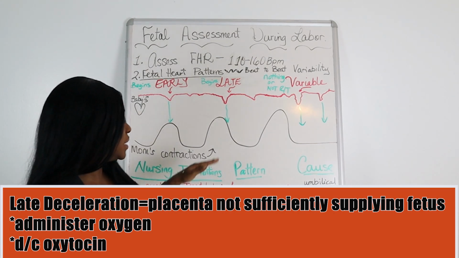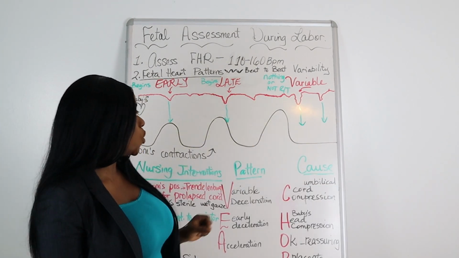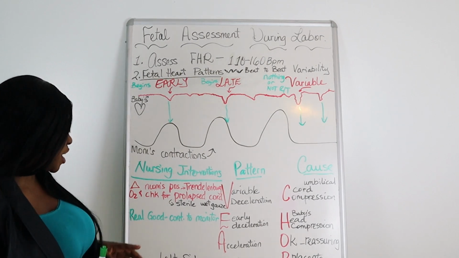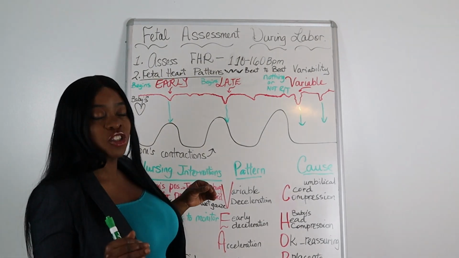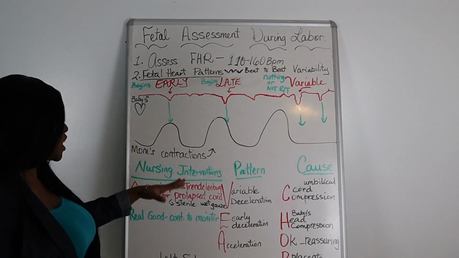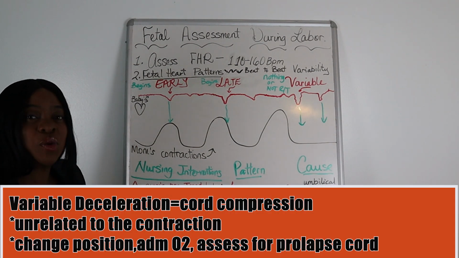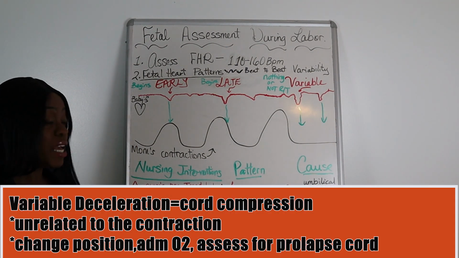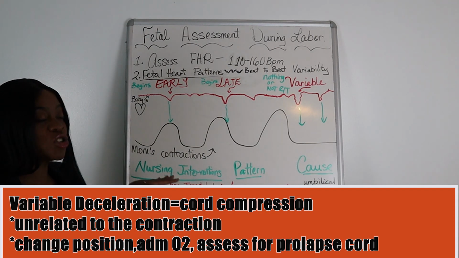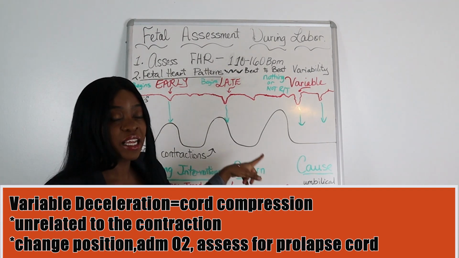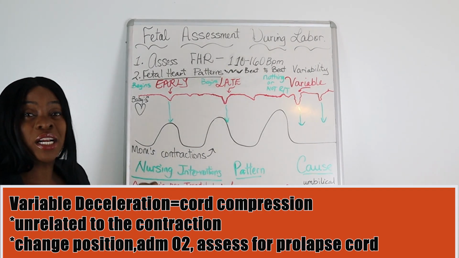Our variable deceleration is shown over here, and usually a variable deceleration is not so much related to mom's contraction. Usually what you want to do is change mom's position to Trendelenburg position, and you're doing that because of cord compression.